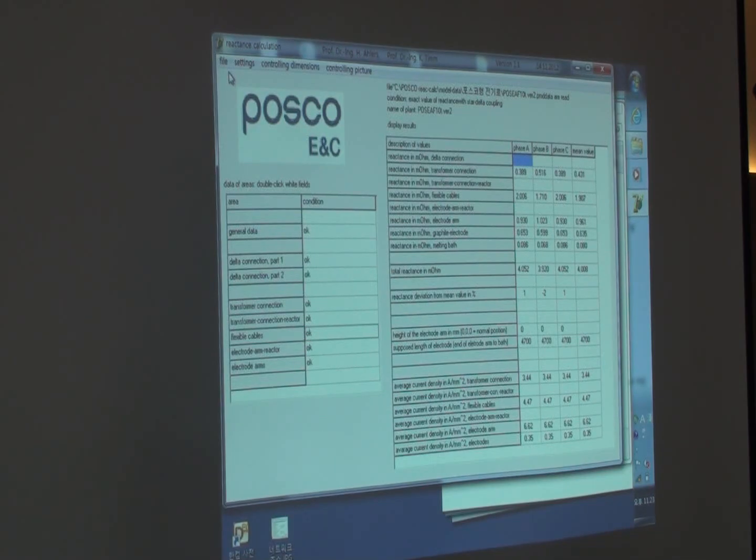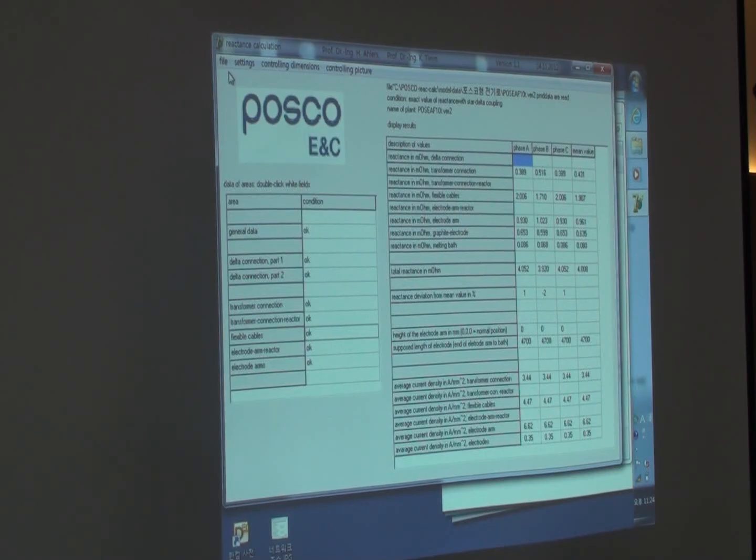Do you have any questions for the programs? For this book? We calculated many years before also the electrical parameters like this from the total system.